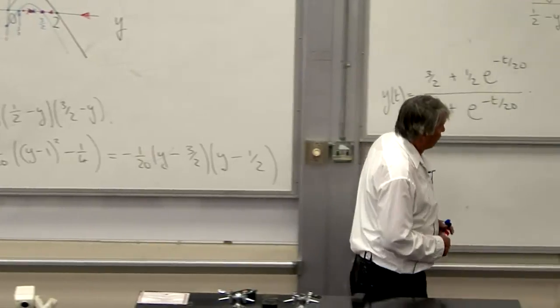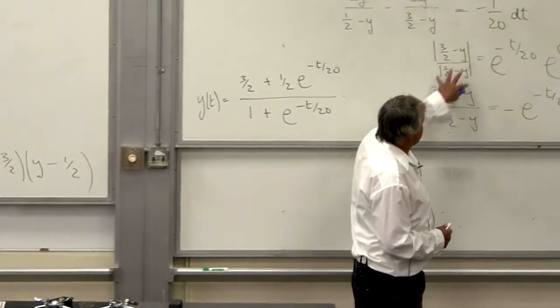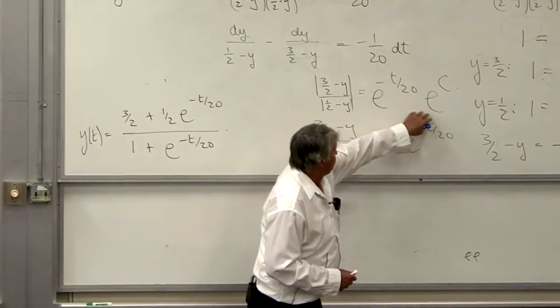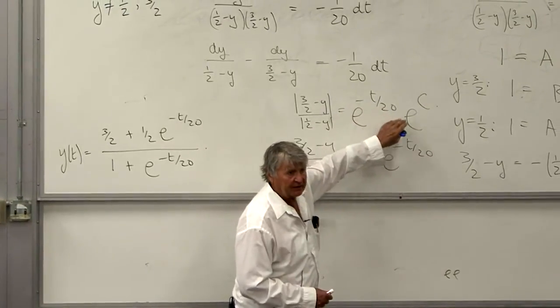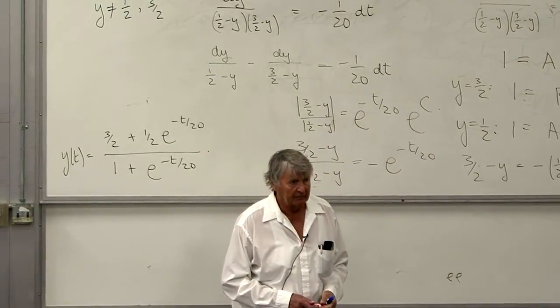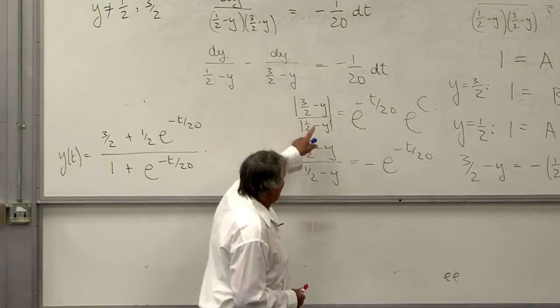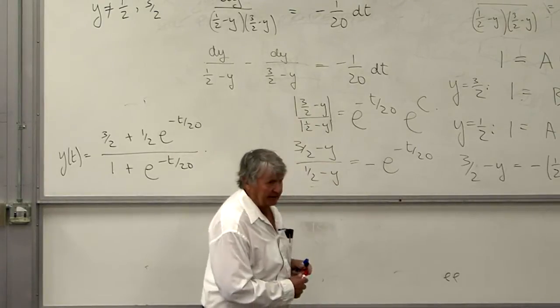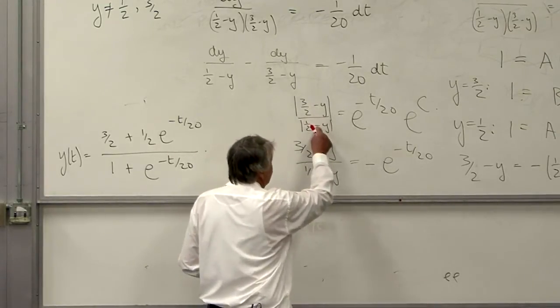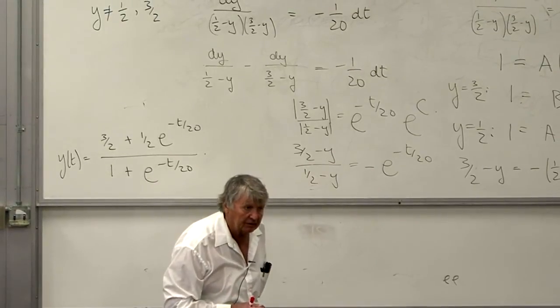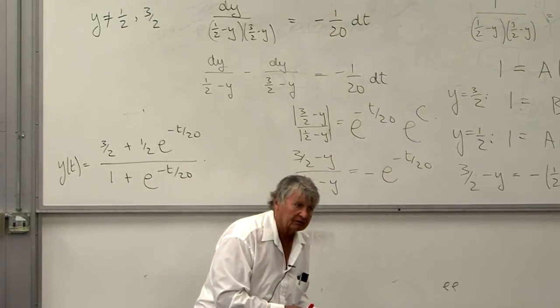Yes. Good question. So I have the absolute value of this, which is a positive number here. It's e to the minus t over 20 times e to the c. Now, what the absolute value means is if this expression is negative, I take its minus value.